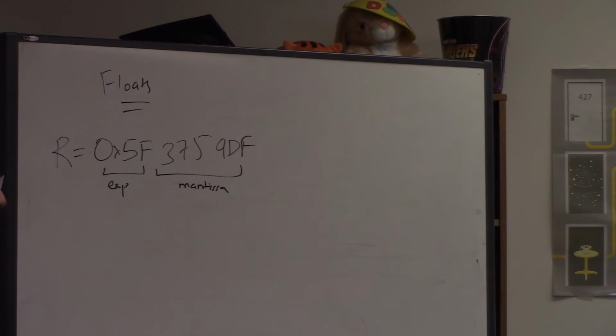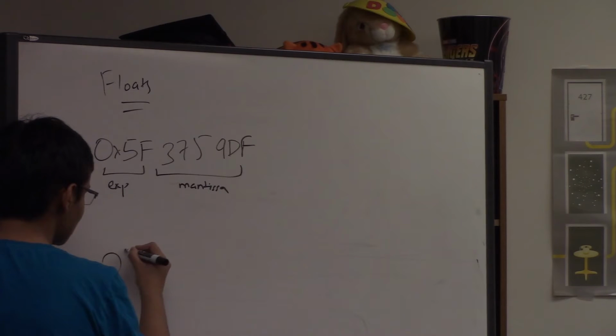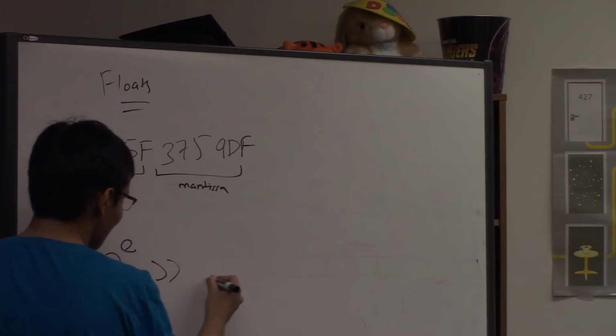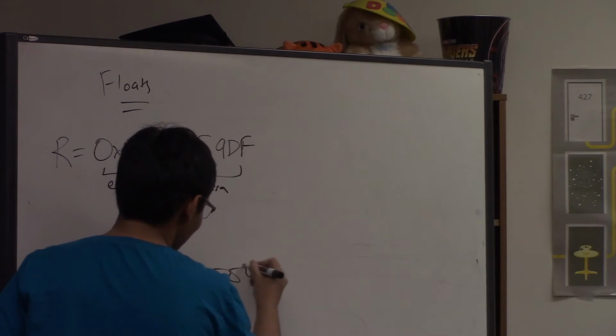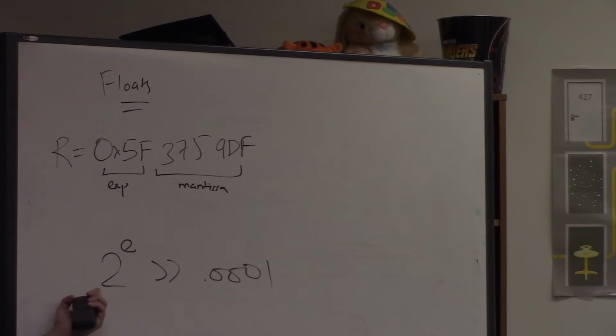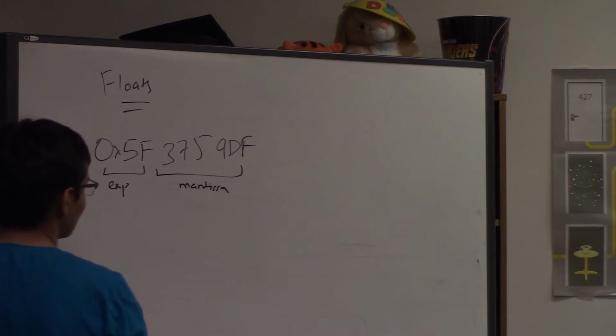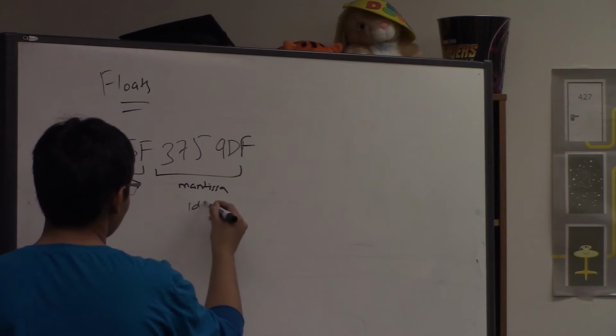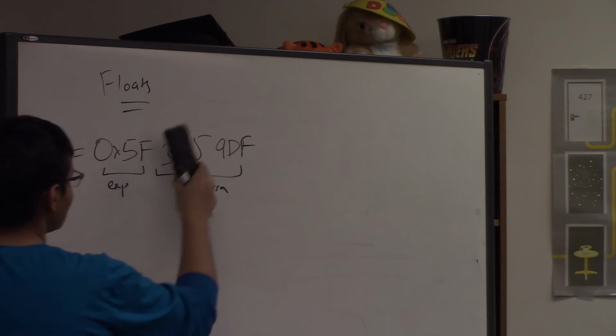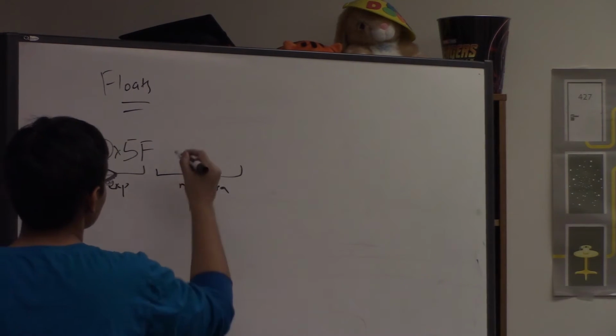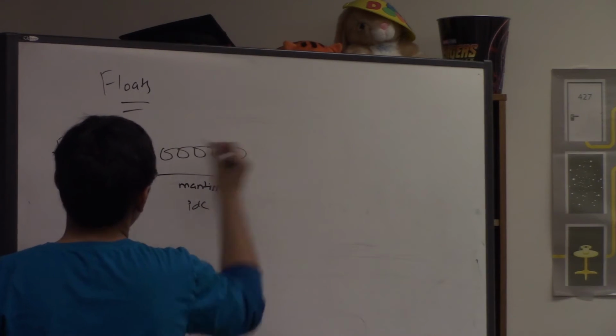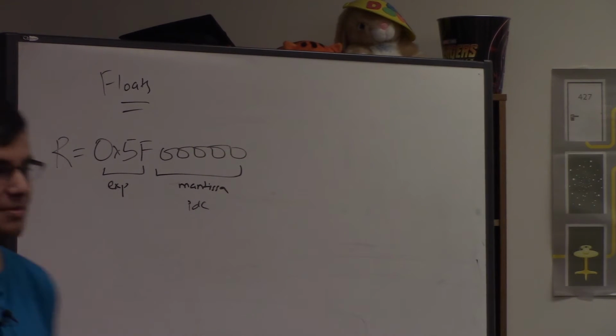It's a micro optimization at best. It's not what helps us because, let's face it, 2 raised to some e is probably greater than 0.0001. This part is infinitely more important to us than that part, which is why I'm going to say that this part, I don't care. So let's just get rid of all of this and just put zeros there instead for now. We don't care about the exponent. Cool?